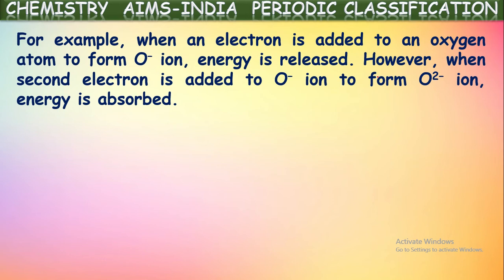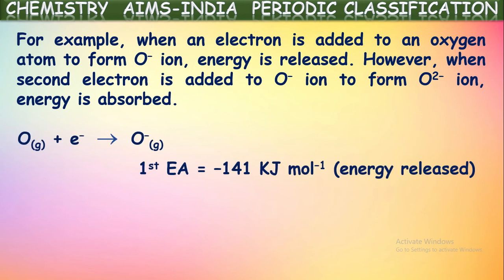To overcome these repulsions and hold all these electrons, 10 electrons, meaning the already existing 8 electrons and these two new electrons coming inside, oxygen needs some more energy. That is why it will absorb energy while gaining the second electron. That's why we say second electron gain enthalpy is an endothermic process. While gaining the first electron, it releases a certain amount of energy. But while gaining the second electron, it absorbs a certain amount of energy. Okay.